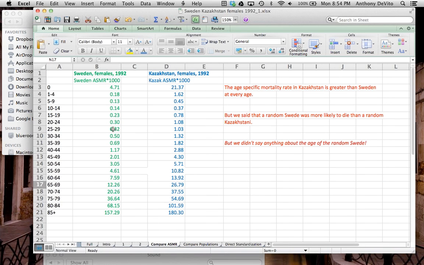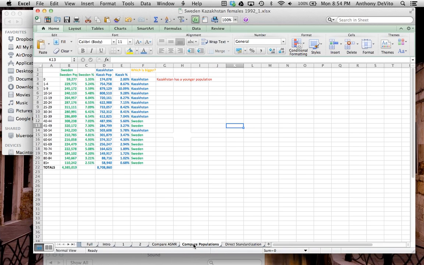But you'll see here are the age-specific mortality rates, ASMR, for Swedish females and Kazakhstani females. And you'll see that every one of the age groups, the death rate's higher, even though, as we said, the crude mortality rate is lower in Kazakhstan.